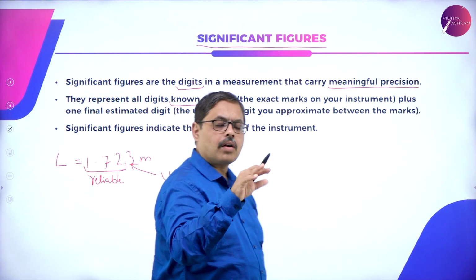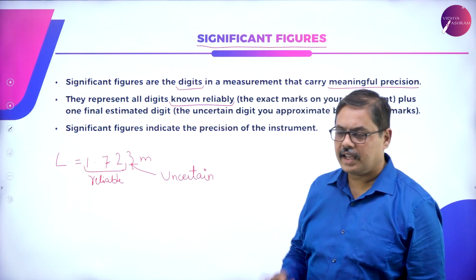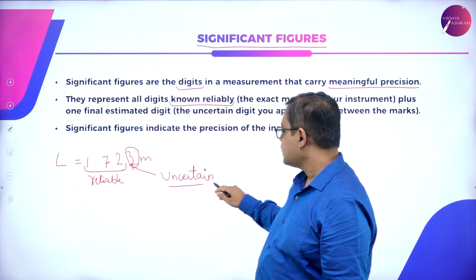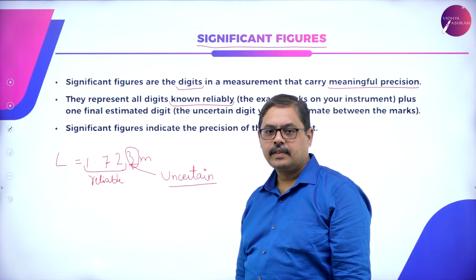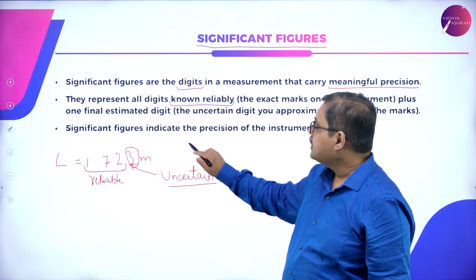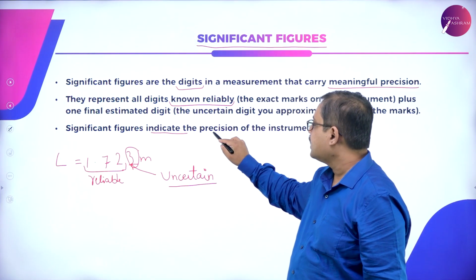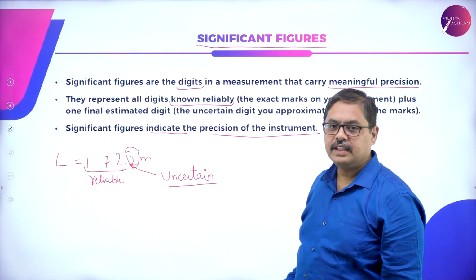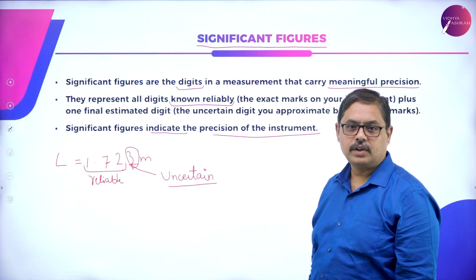Except the last number, all the other digits are called reliable, and the last digit in the measured value is called uncertain. Here, the significant figures indicate the precision of the instrument. How precise the instrument is, that can be understood.